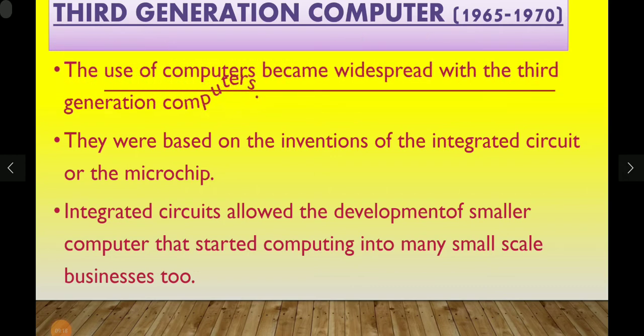It became widespread after the second generation, based on the invention of integrated circuits or microchips, and businesses used these computers more and more.